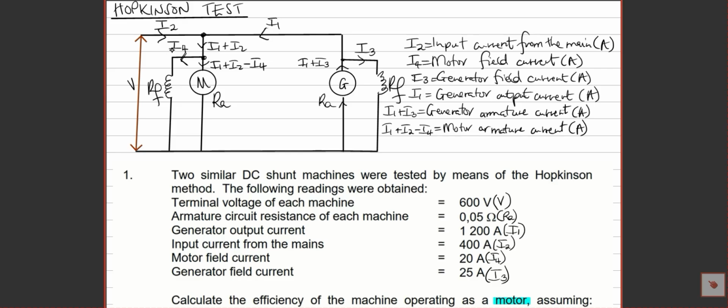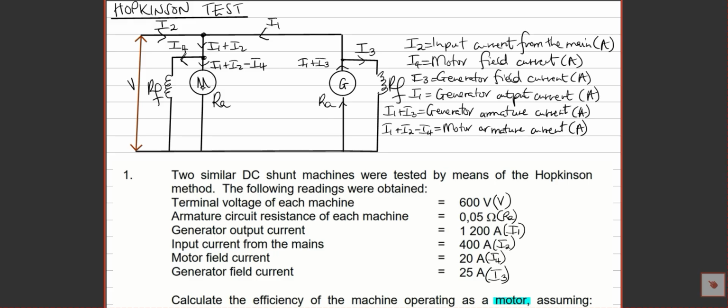You have the motor field current, I4. For the generator field resistance, the current passing through that side of the circuit is I3. You have one current moving away from the generator, which is I1. And then the generator armature current, I1 plus I3, which splits at this point.